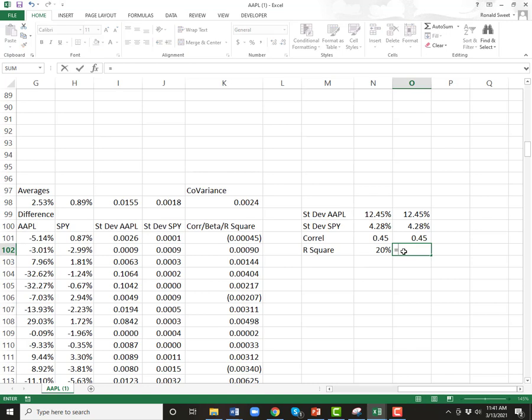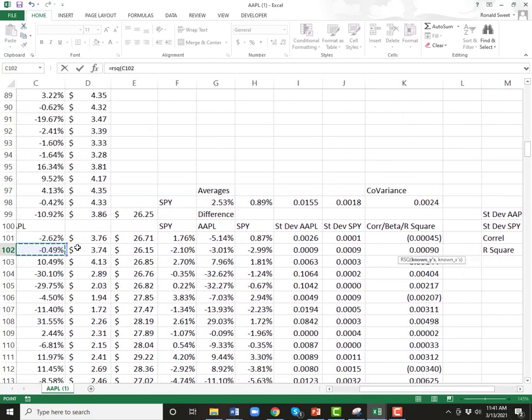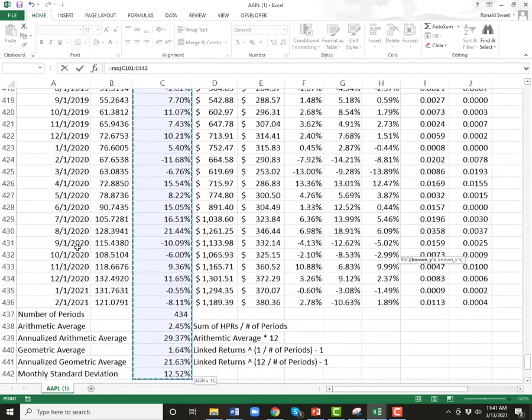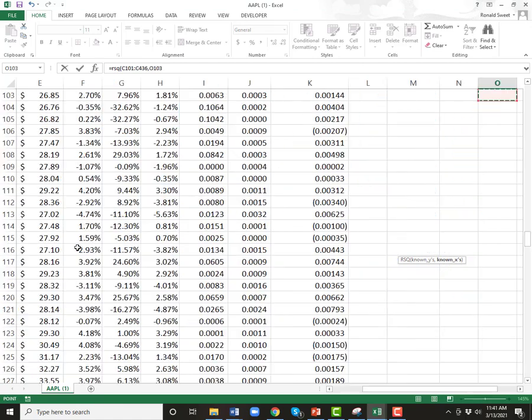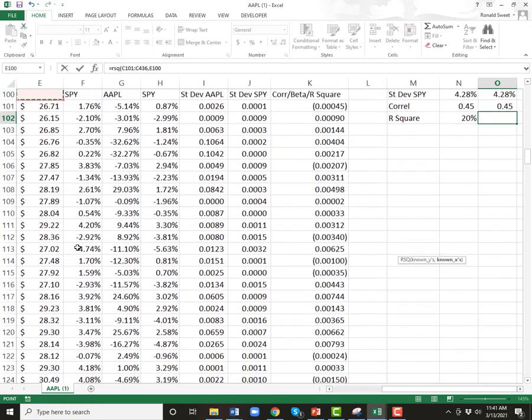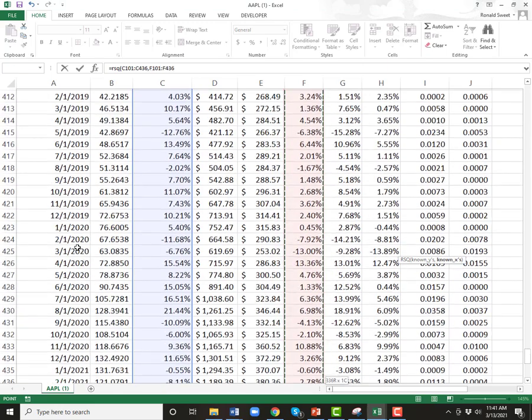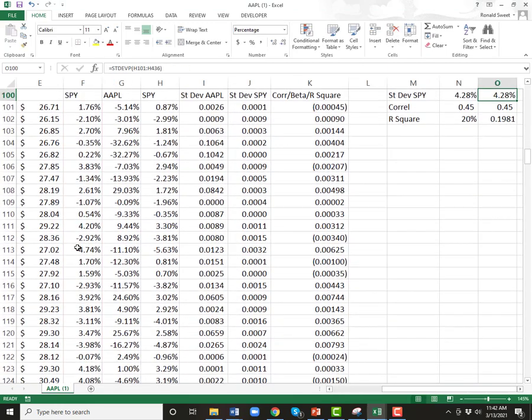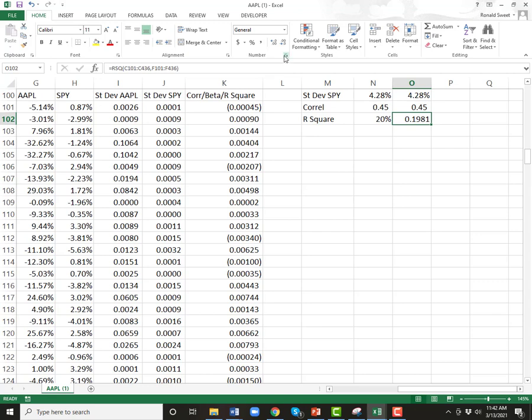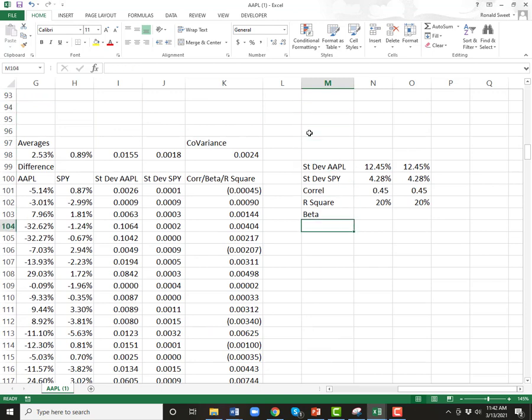We can do this as well, R squared for Apple returns. Remember to use Apple returns, not the differences. And the S&P 500, its returns. That should give us the R squared, and sure enough, there's our R squared. And then we'll do beta. So what do we do with beta? So again, we can only do beta versus the markets.